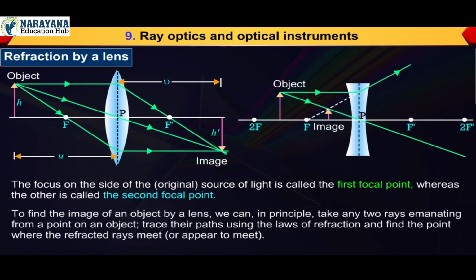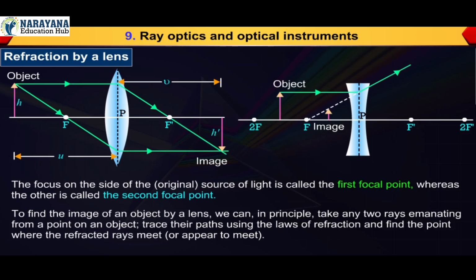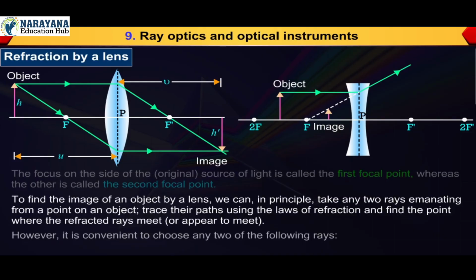To find the image of an object by a lens, we can, in principle, take any two rays emanating from a point on an object, trace their paths using the laws of refraction and find the point where the refracted rays meet or appear to meet.